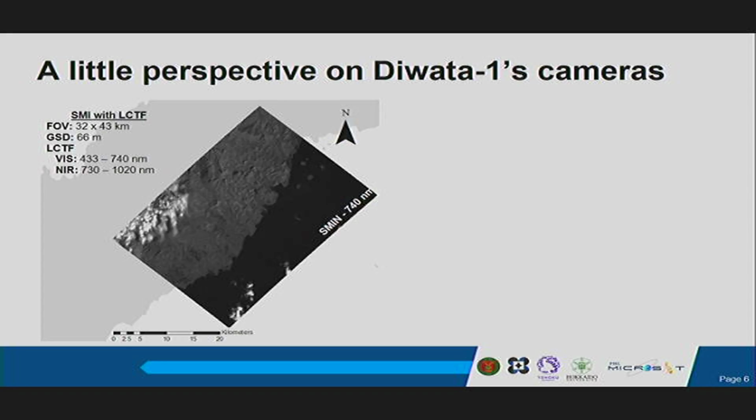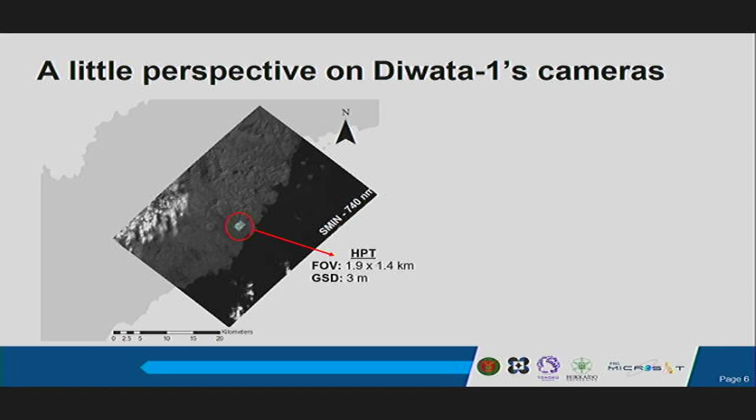So GSD, or ground sampling distance, means the size of a pixel when projected onto the ground, okay? So it's 66 meters. So comparing this image of SMI to HPT, this is the comparison. So you can see HPT's image is very small. The field of view is 1.9 by 1.4 kilometers, and the GSD is 3 meters.